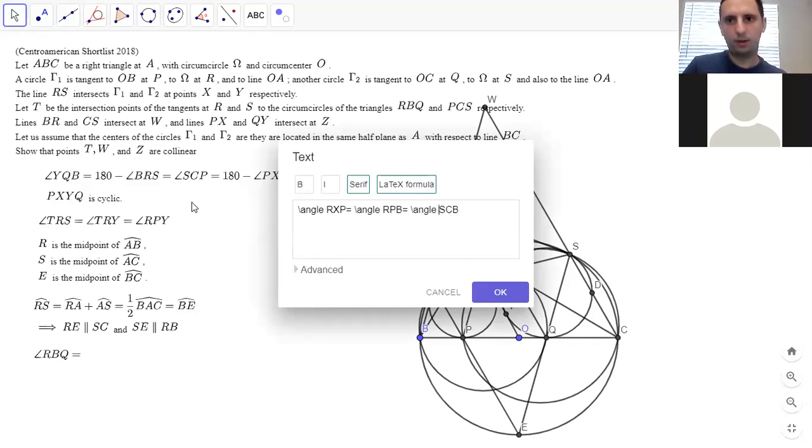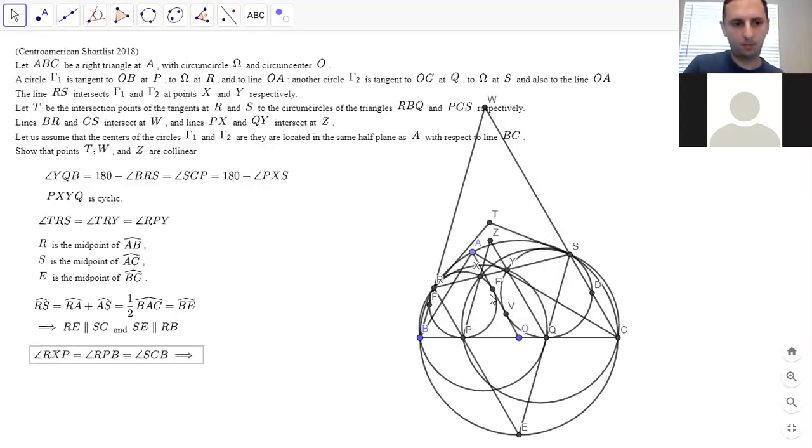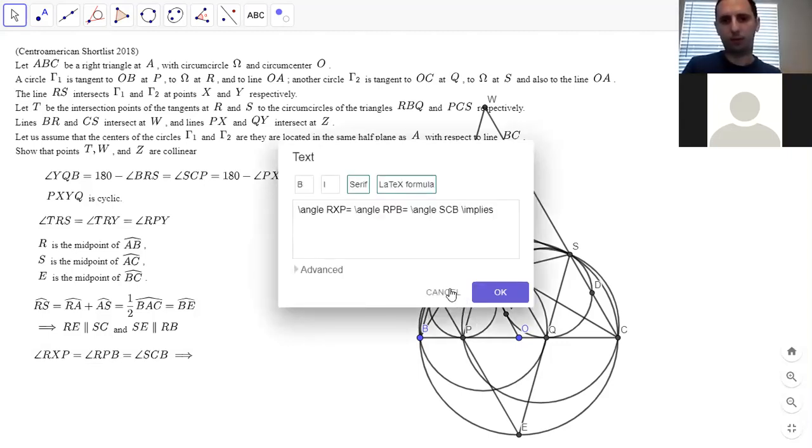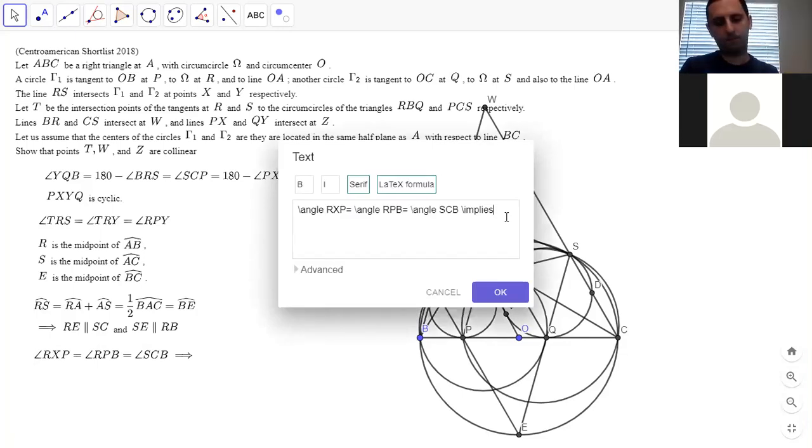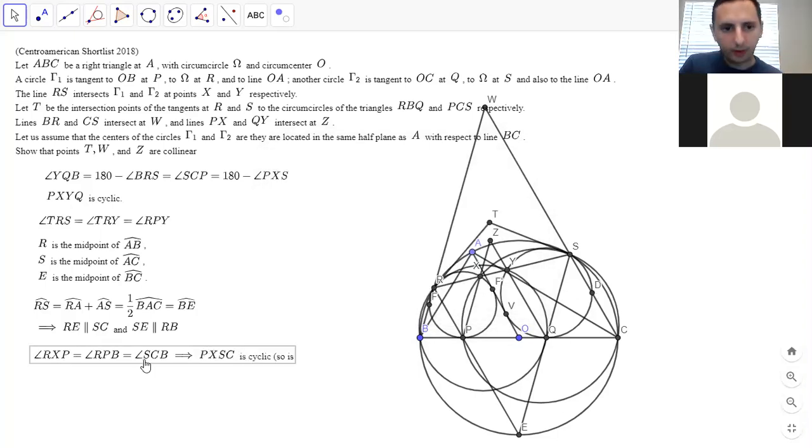So that means that PXSC is cyclic. And so is BRYQ.